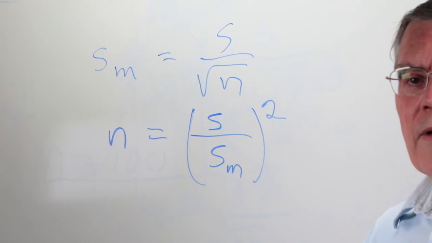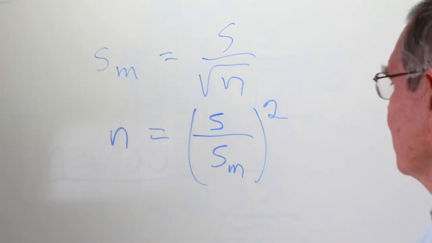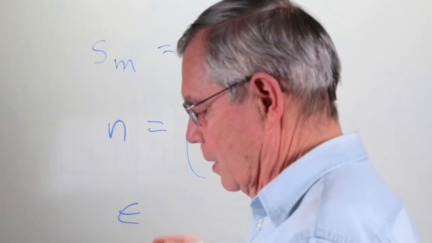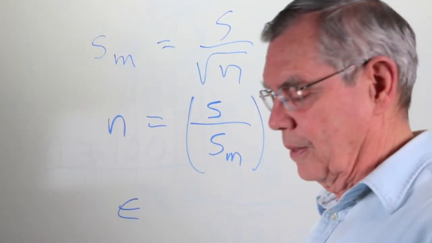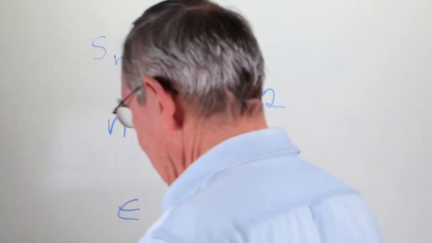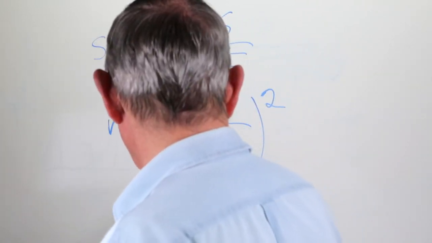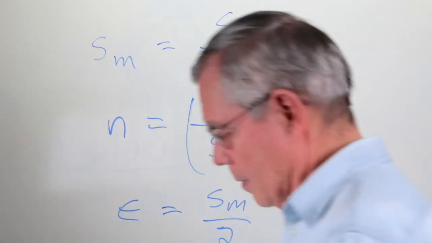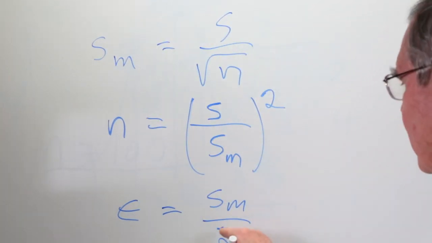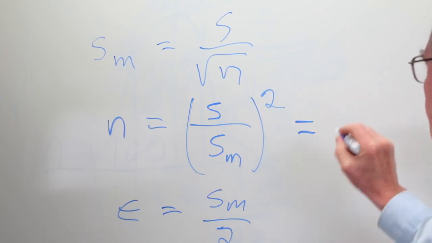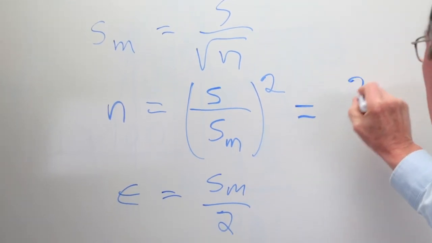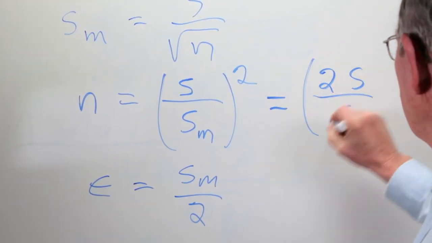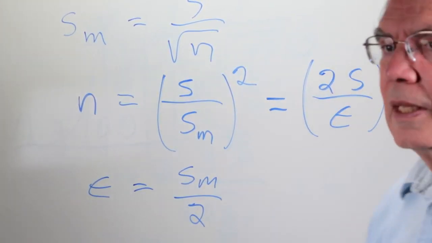So the error that we normally would talk about in the measurement, if we're again talking about 95% confidence, is 2 times the standard deviation of the mean, and so the number of samples is 2 times the standard deviation over the error, and that all squared.